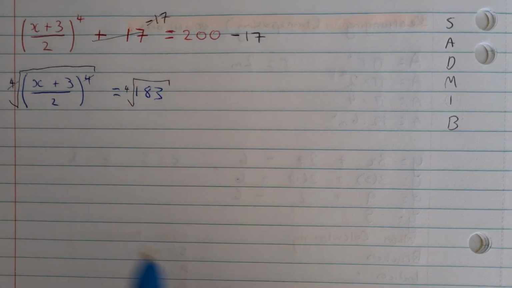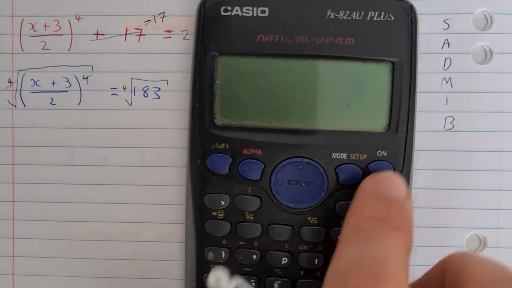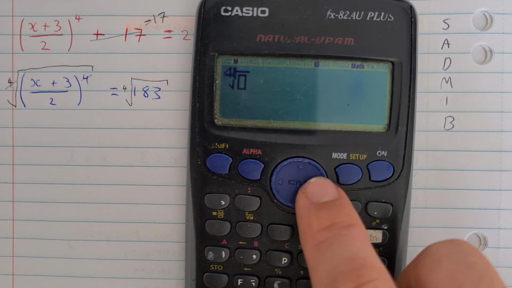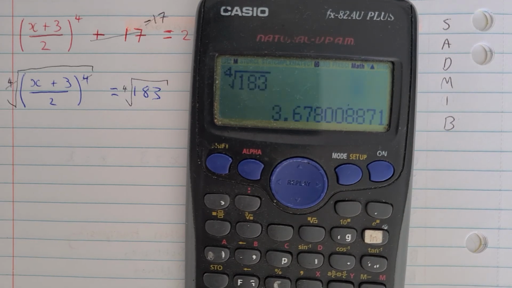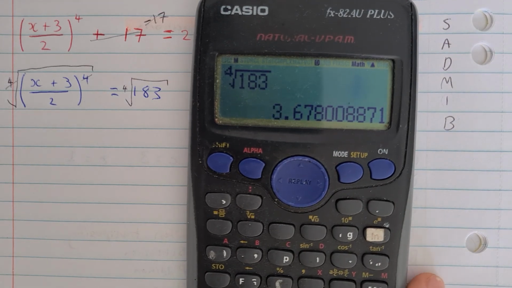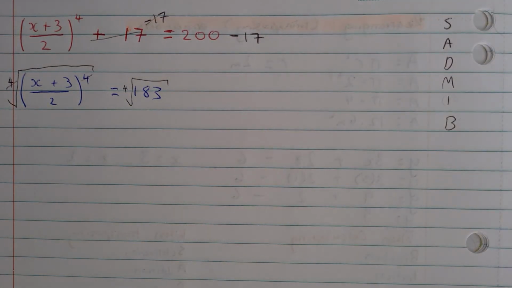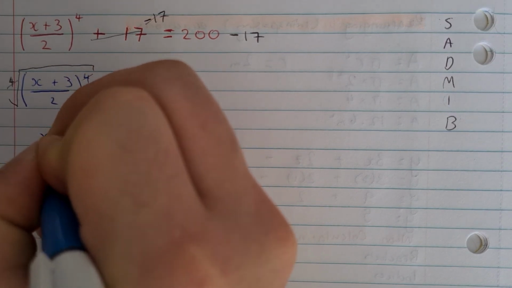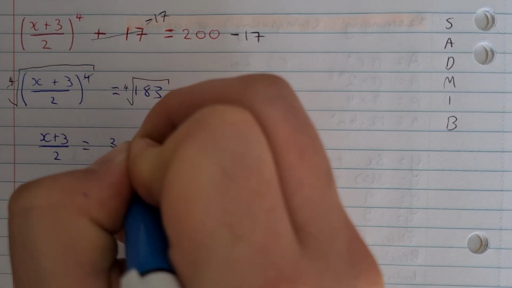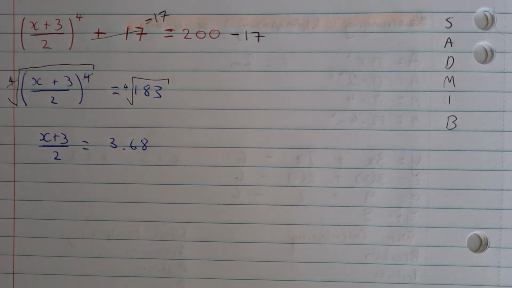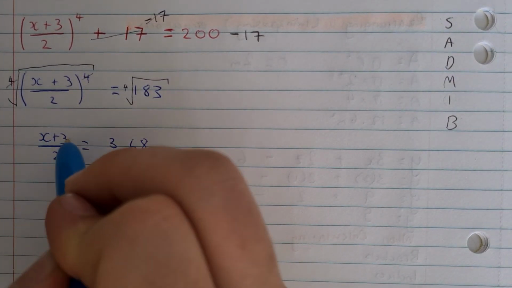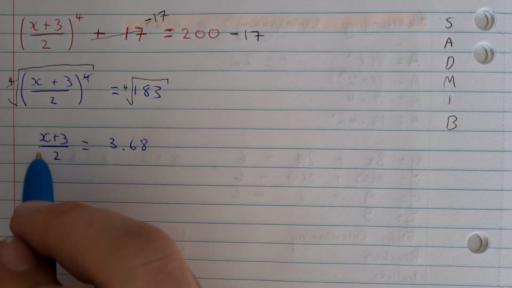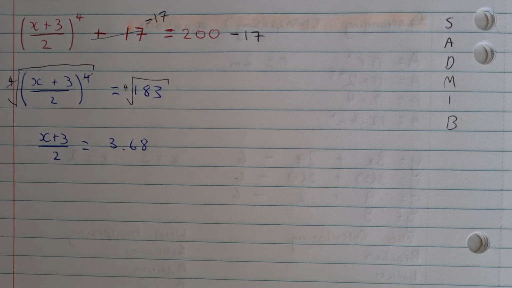And I need to find out what's the fourth root of 183. It's 3.68. We'll go with that, 3.68. So we've got x plus 3 all over 2 is equal to 3.68. So we've gotten rid of that. I could write the brackets, but we don't really need them now because once we got rid of that power of 4, we've just got this fraction is equal to 3.68.